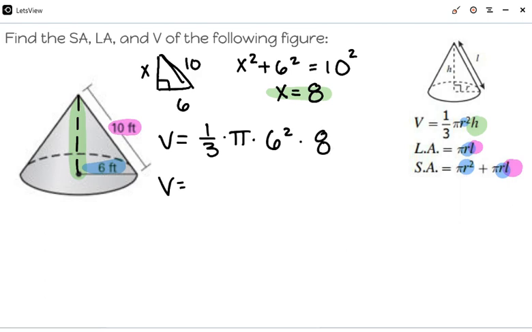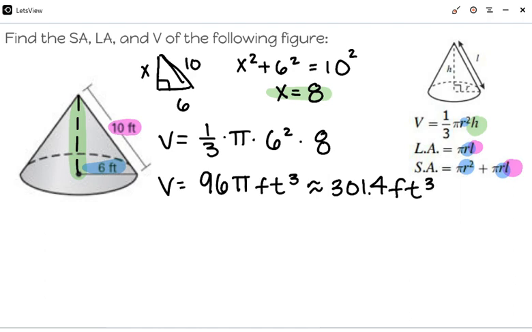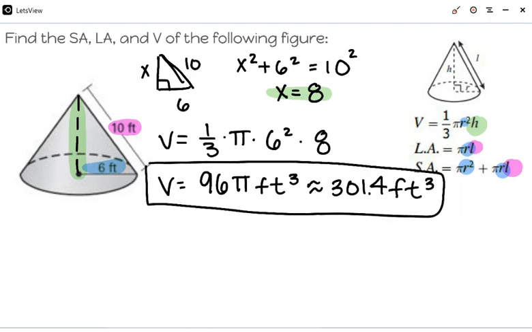So let me double check this real quick, because I just realized I had worked these out separately. 1/3 times 6 squared times 8. Oopsies, I accidentally wrote a 10 instead. So when you put that into your calculator, you should get 96 pi feet cubed. And if you are to put that into a decimal, you are going to get that it's approximately 301.4 feet cubed. My bad on that one.